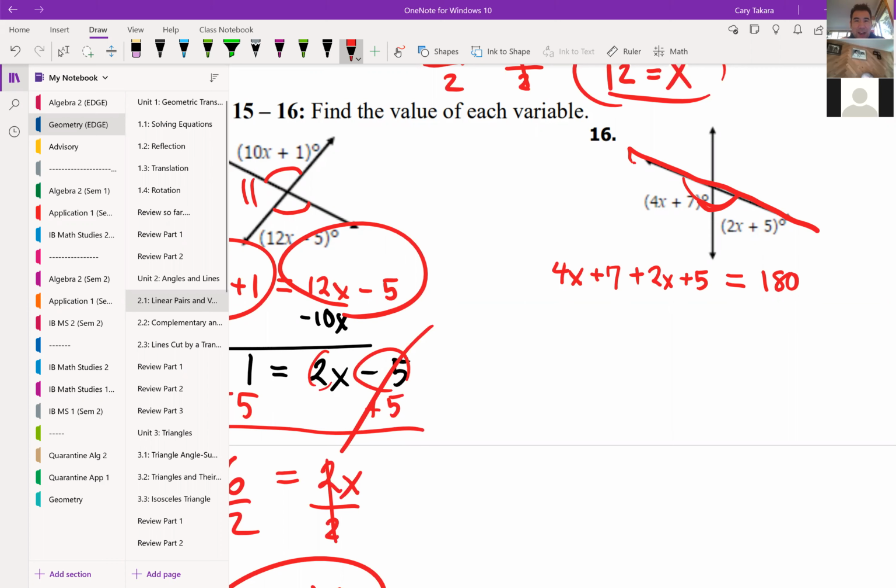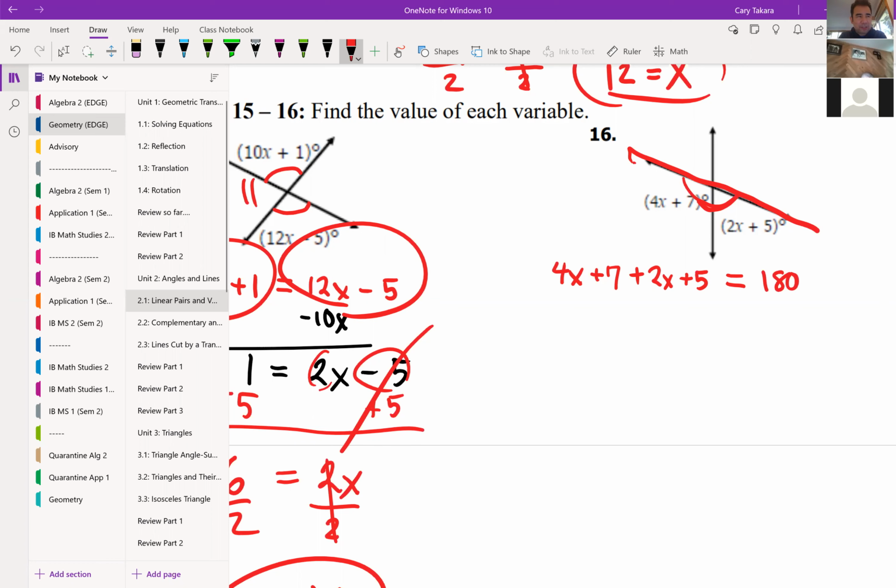Okay. So now I want you to solve the equation. Remember, x's are on the same side now. They're on the same team. And would you guys share your solution?